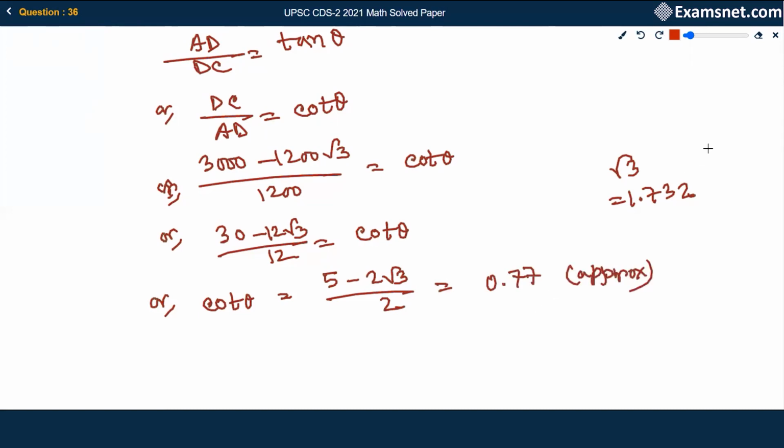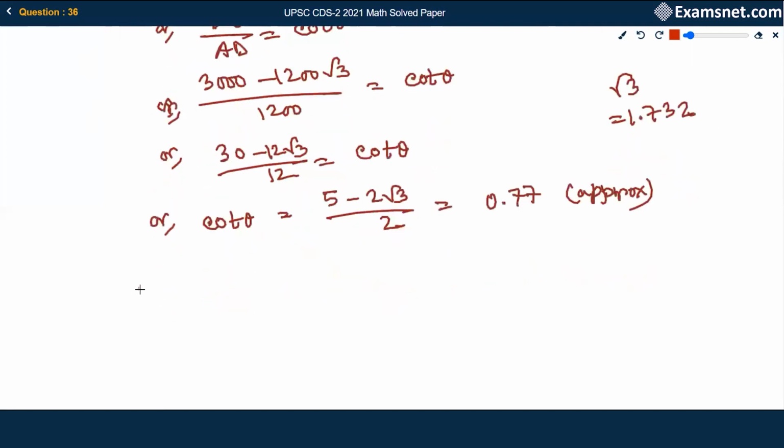And we know cot theta is a decreasing function in the first quadrant.